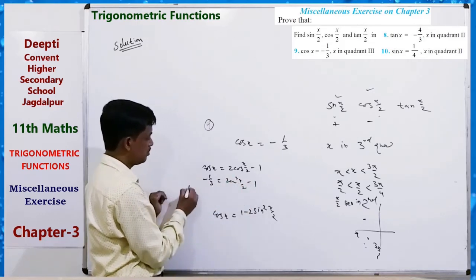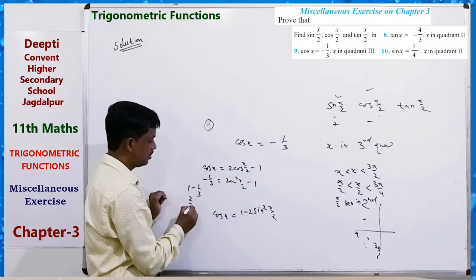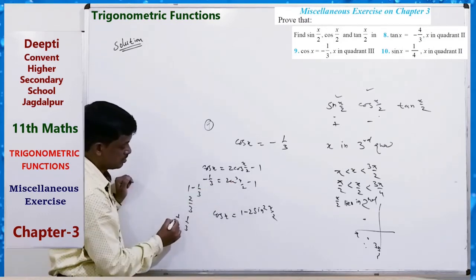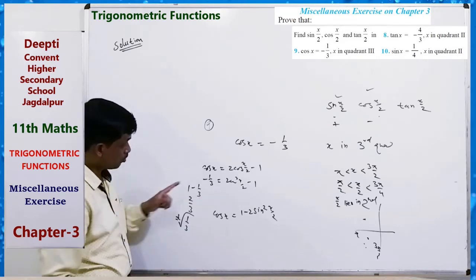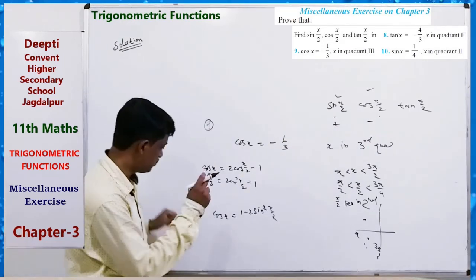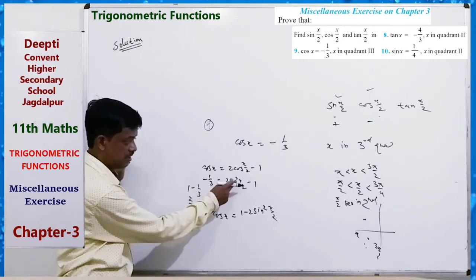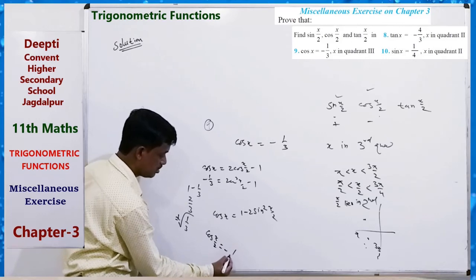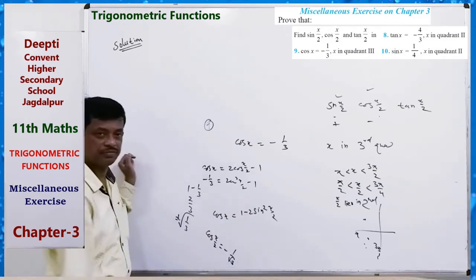Then 2 by 3 equals 2 cos square x by 2, the 2 cancels, giving 1 by 3. So plus or minus root, but cos x by 2 is negative, so take the negative sign. So cos x by 2 equals minus 1 upon root 3.